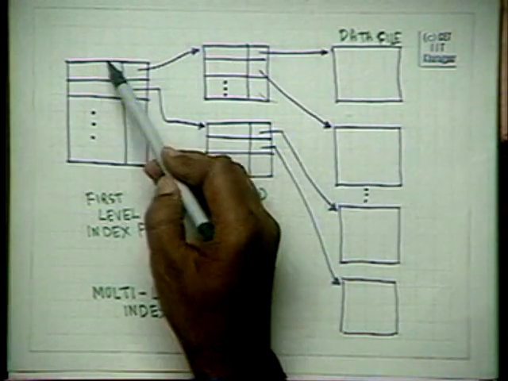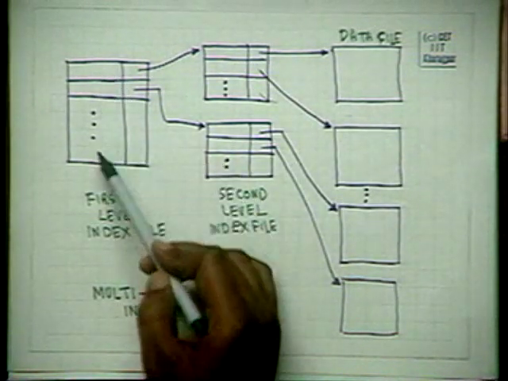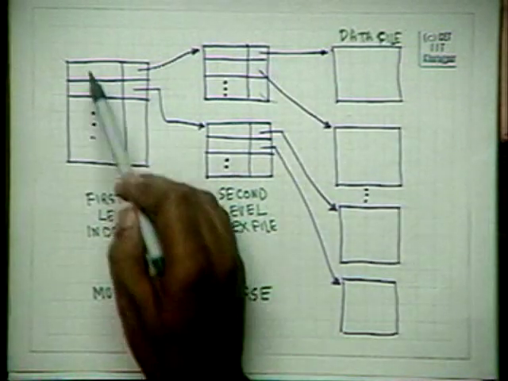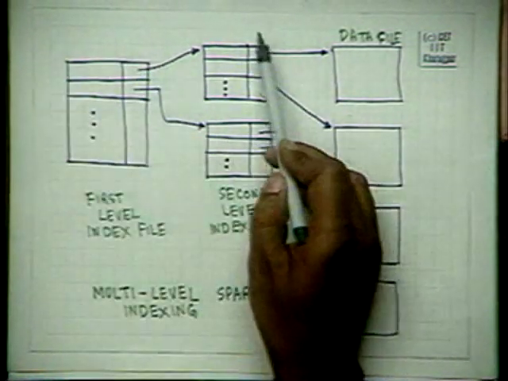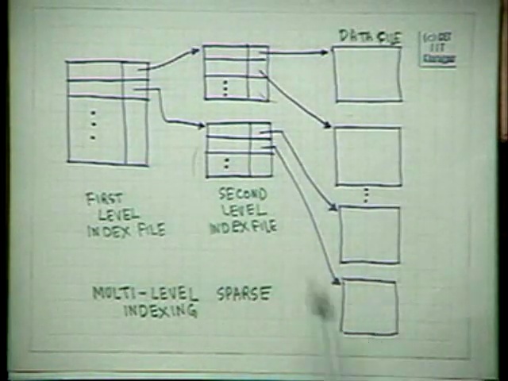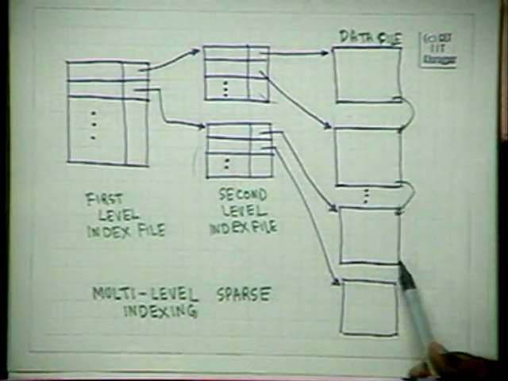Firstly, whereas this looks like a file here, these are actually a set of blocks. And when you have a multi-level indexing scheme, you would prefer that this is just one block. This is one block. This is one block. So all of them now are just blocks. This points here in the sequential file.